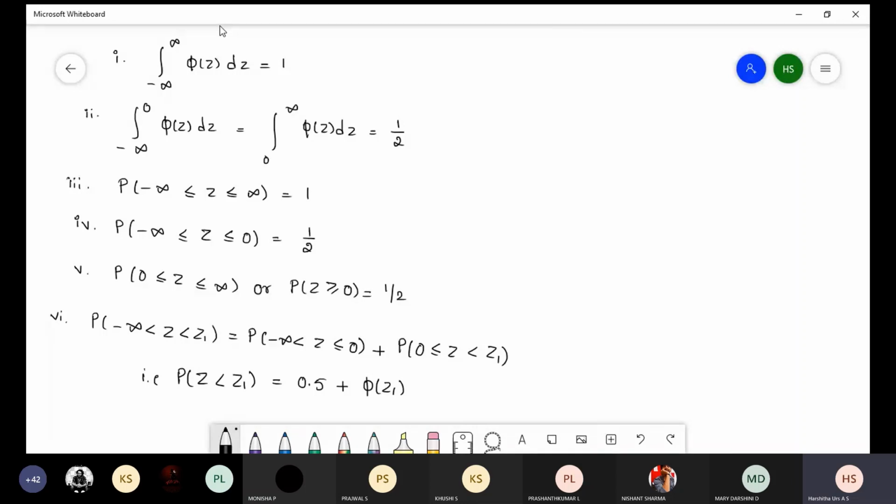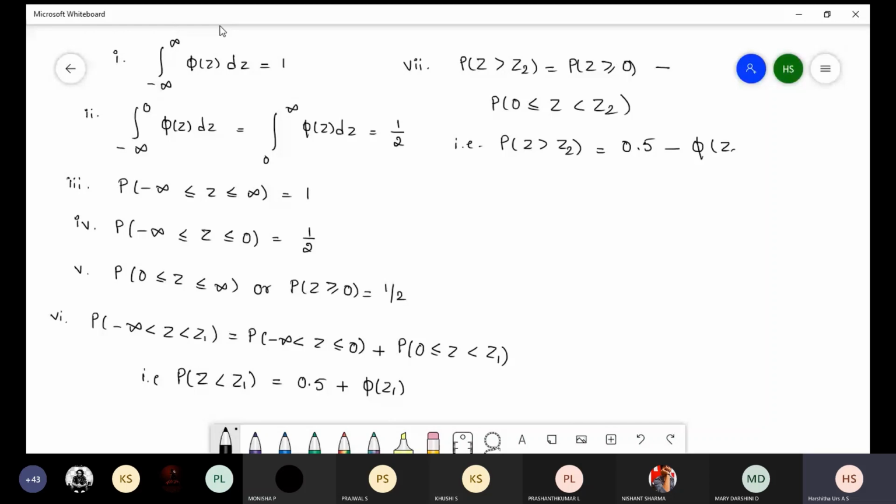Next, P of z greater than z2, that is P of z greater than or equal to 0 minus P of 0 less than or equal to z less than z2. For this we can write P of z greater than z2 is equal to 0.5 minus phi of z2.